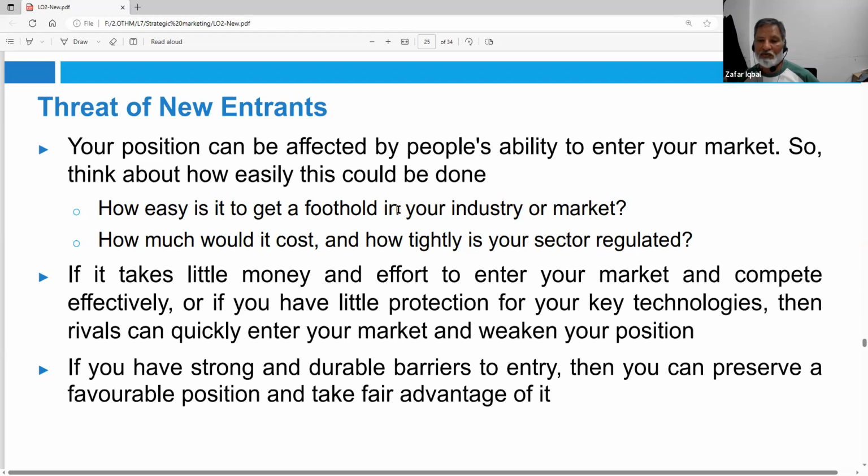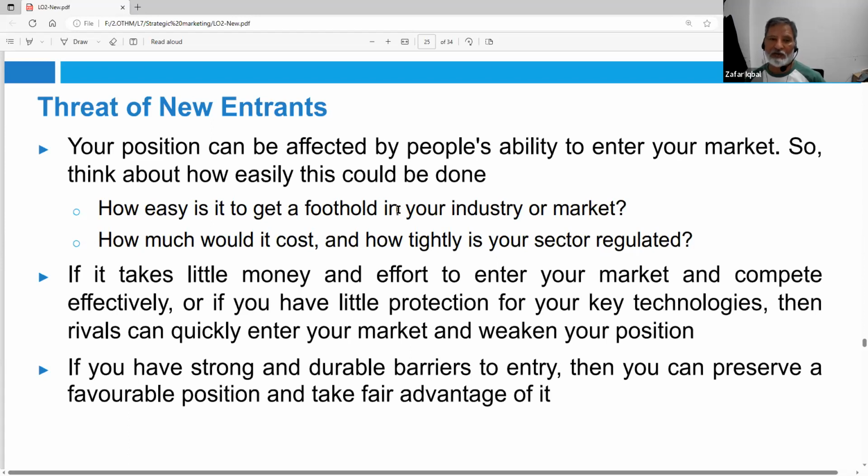So for example, if a company wants to get into a new area, if they want to let a new entrant into the market, into oil production, it's difficult because there are a lot of research and development costs, there are a lot of controls, and there are only a few organizations, only a few oil companies, that are keeping a barrier to entry.